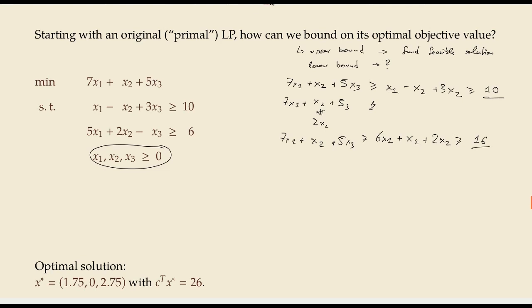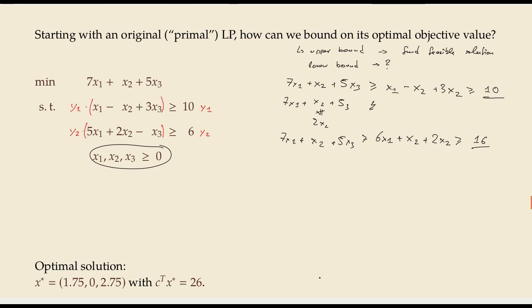In general, you can multiply each of the constraints with some variable, so multiply the whole thing, and of course then also the right-hand side. And you can add up the two, so you can build any linear combination. Well, not every combination works.